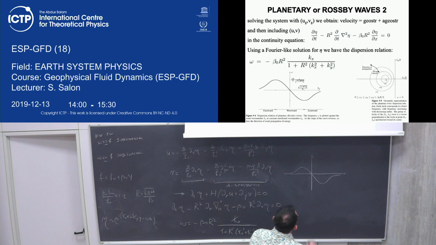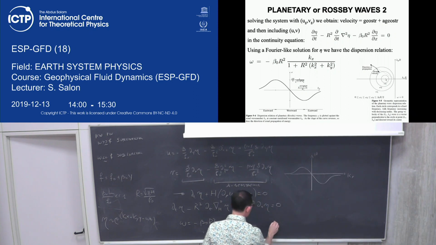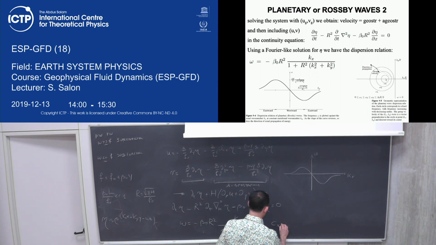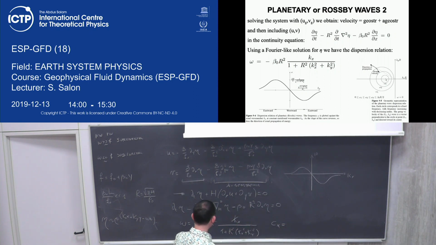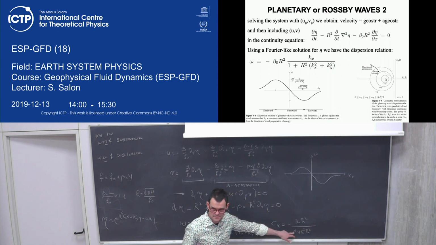So this is omega versus kx. So if I calculate Cx, Cx is the phase velocity along the x direction, okay? So along the zonal direction. So Cx is equal to minus beta 0 r squared over 1 plus, let me write, k squared r squared. So all these terms here are positive, right?